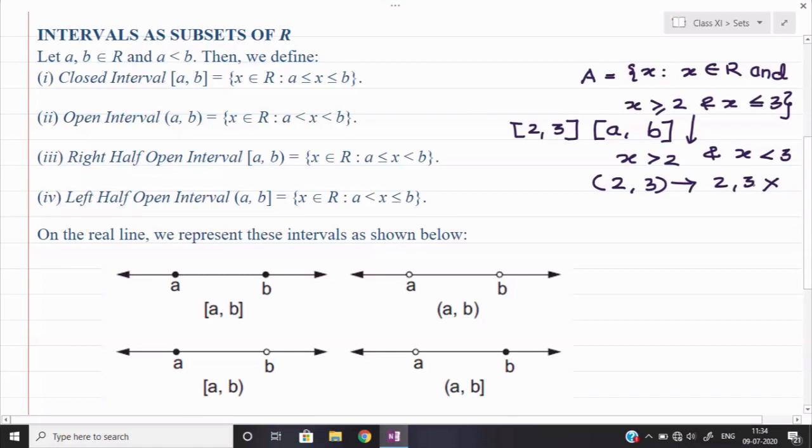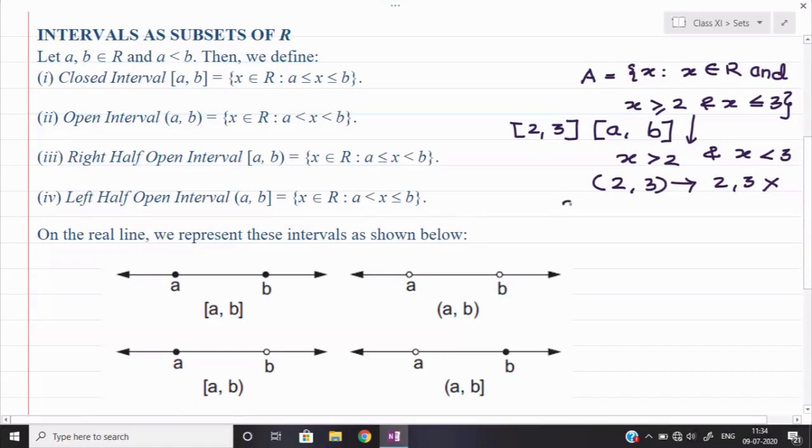The value will be more than 2, you can take any value, for example 2.01, even 2.001 can be taken. Similarly, the value can be considered at the highest below 3, means 2.99 or 2.999 is also possible, whichever maximum value you can think of. But it will not be equal to 2 and 3, while in the square bracket 2 and 3 would be taken.